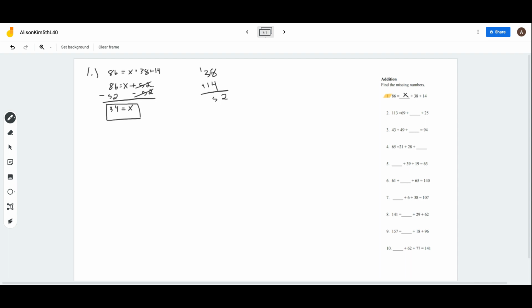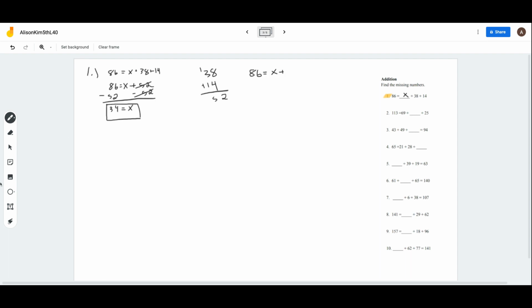Once again, you can check your answer by plugging it back in. So we already know that 38 plus 14 is 52, so we're just going to leave it like that. We have to make sure that the right side equals 86. So we're going to put down 86 equals x plus 52.